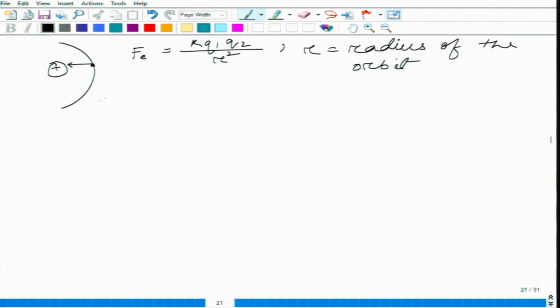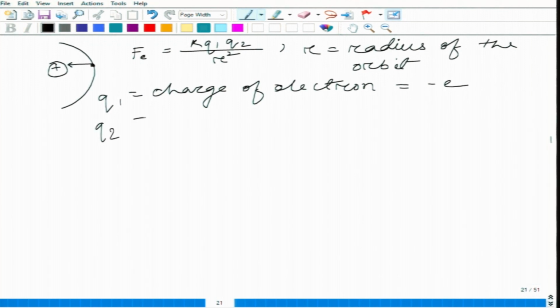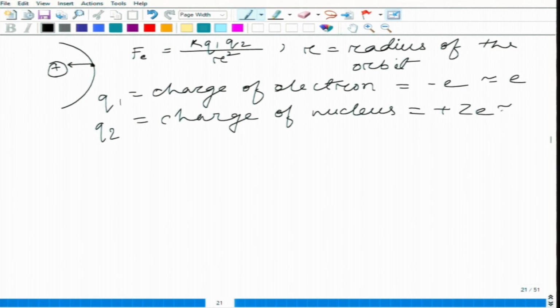Now Q1 and Q2 are the charges. Q1 is the charge of electron. What is the charge of electron? Charge of electron will be minus E, and Q2 will be the charge of nucleus equal to plus ZE. Now, if we take only the magnitudes, we can write minus E as E and ZE as ZE.